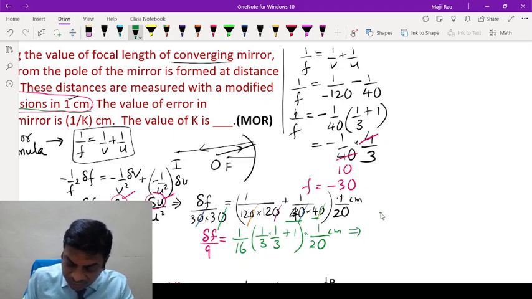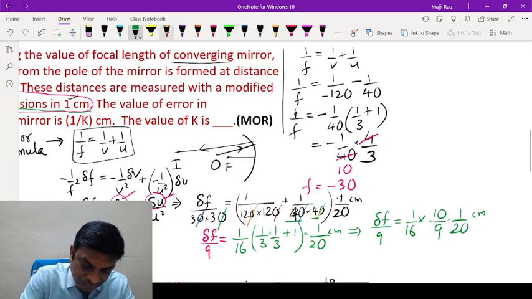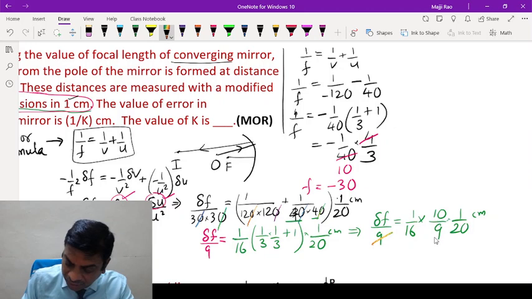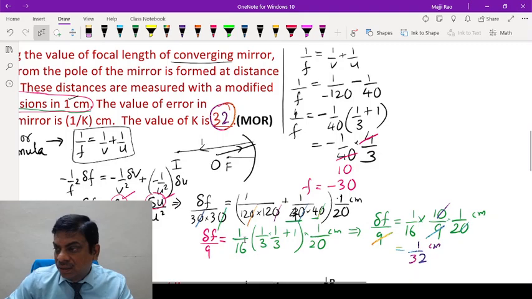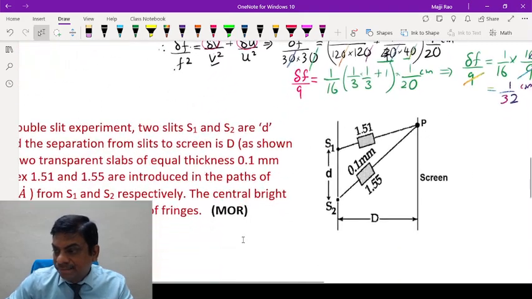So which implies delta f by 9 is equal to 1 by 16 into 10 by 9 into 1 by 20. So therefore 9 and 9 get cancelled, 10 gets cancelled, we are left with 1 by 32. So K is 32. This is the answer. Right? Moving on to the next question.